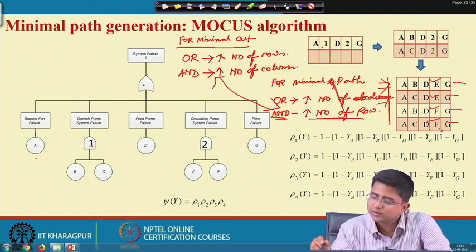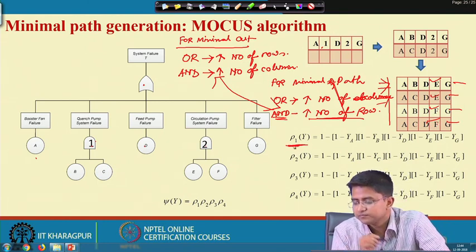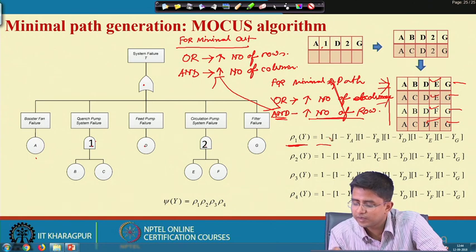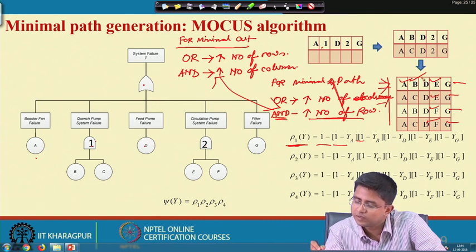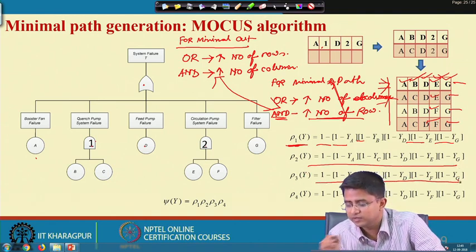When you get the path sets, you can write the first one as 1 minus y a, 1 minus y b, 1 minus y c, 1 minus y d, 1 minus y e, 1 minus y g. Then for the second path set you write this, for the third path set you write this, for the fourth path set you write this.